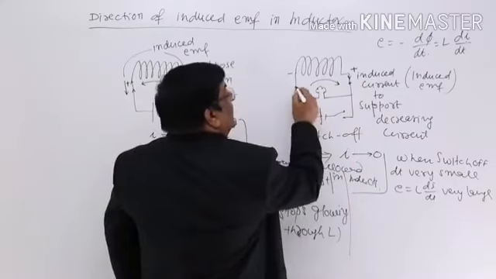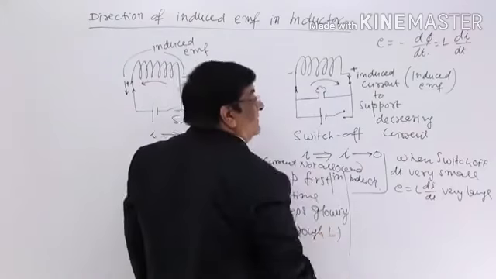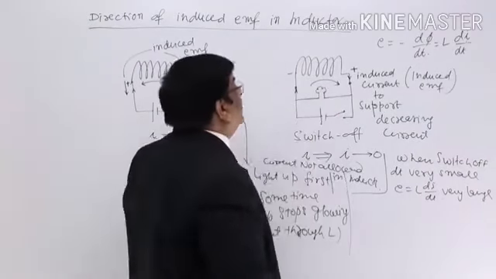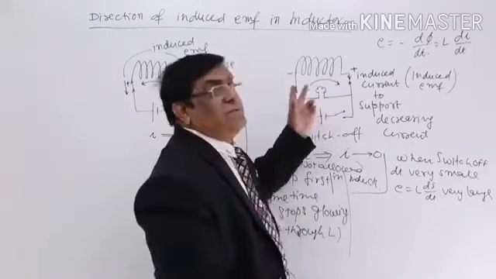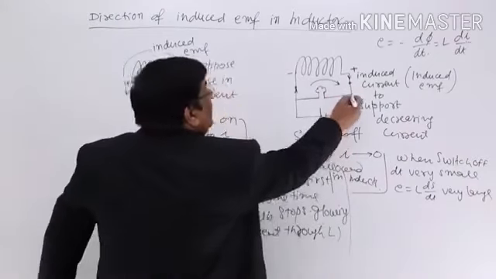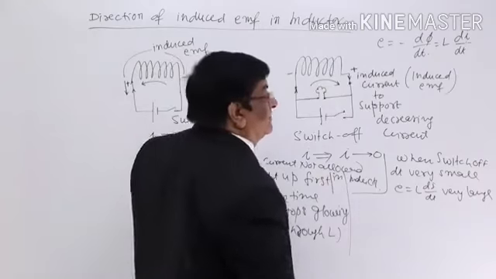Across these two ends, but here is a bulb fitted. If this EMF is very large, larger than the capacity of this bulb, if this bulb is 240 volt and this induced EMF is 600 volt, what will happen? All the 600 volt applied here, the bulb will fuse.